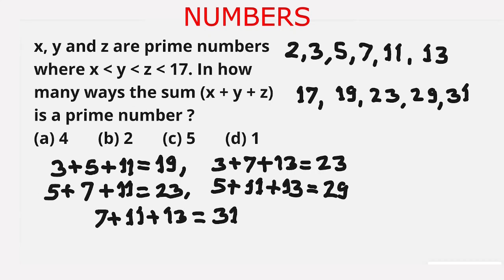This way we have a total of 5 such sets of x plus y plus z whose sum is equal to a prime number, and these sets are 3 plus 5 plus 11 equal to 19, 3 plus 7 plus 13 is 23, 5 plus 7 plus 11 equal to 23, 5 plus 11 plus 13 equal to 29, and 7 plus 11 plus 13 equal to 31.